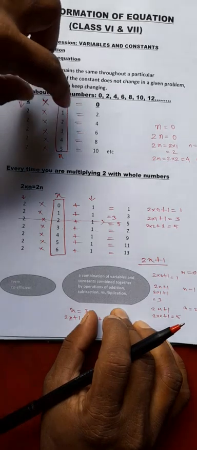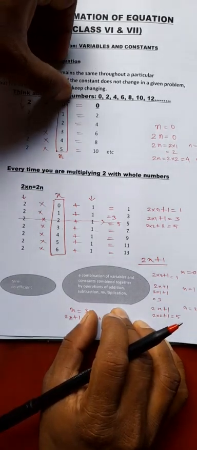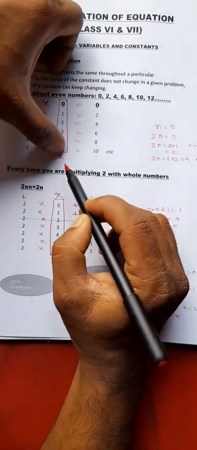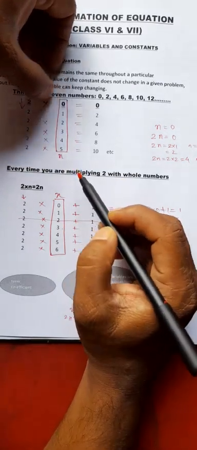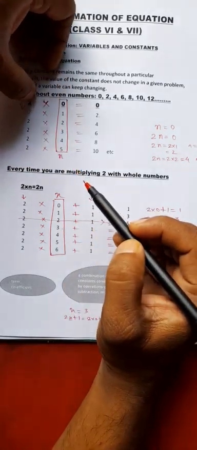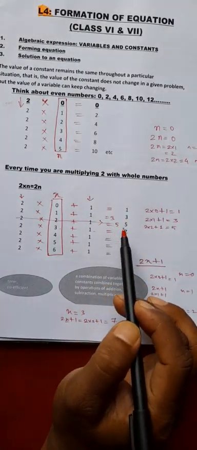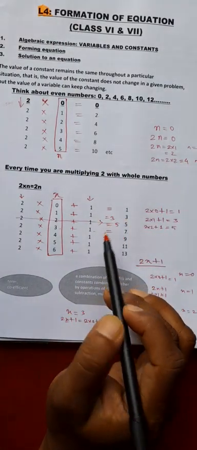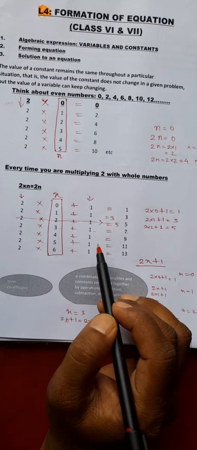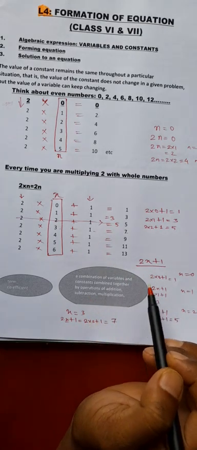Similarly in this case, every time we are changing the values of n. This first column remains the same, 2. So a constant is a term which remains the same throughout a mathematical operation, whereas a variable takes many values, right?